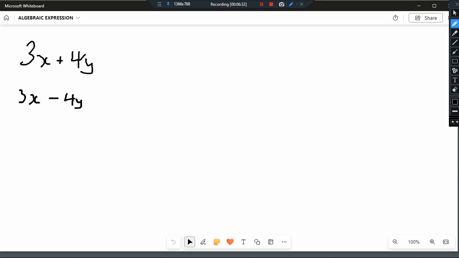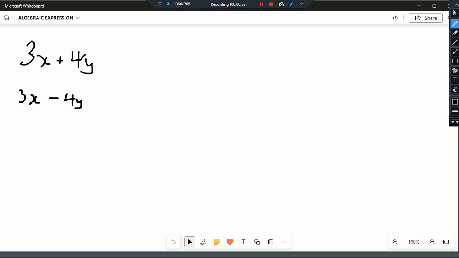Please, there are not 4. Someone might misquote or deliberately say that there are 4 terms, because there is 3 here, there is x here, there is 4, and there is y here. No, it doesn't work like that. 3x is seen as a single term. 4y is also seen as a single term.